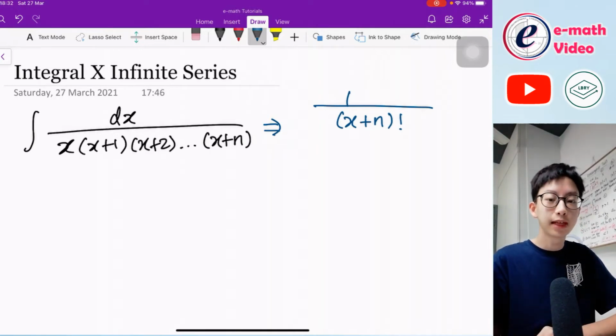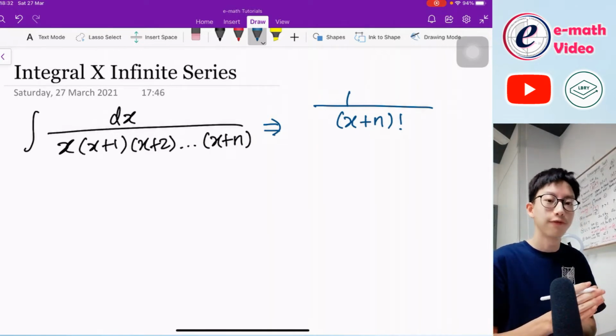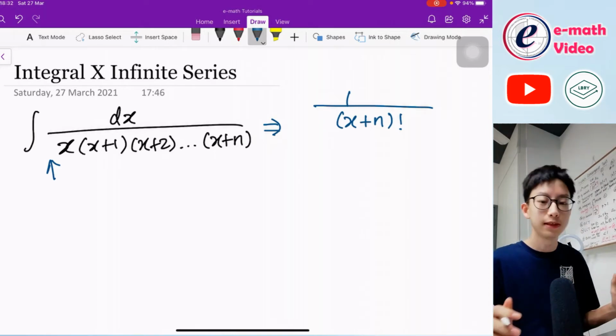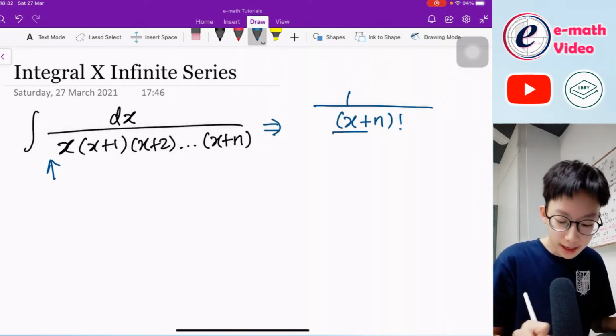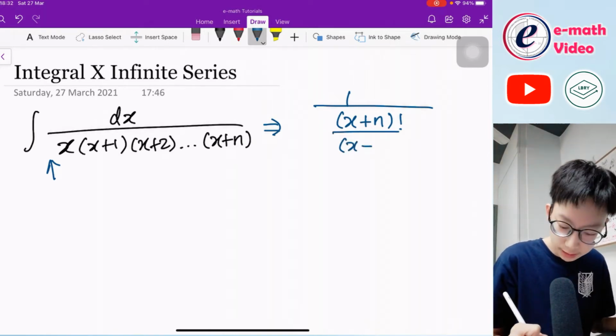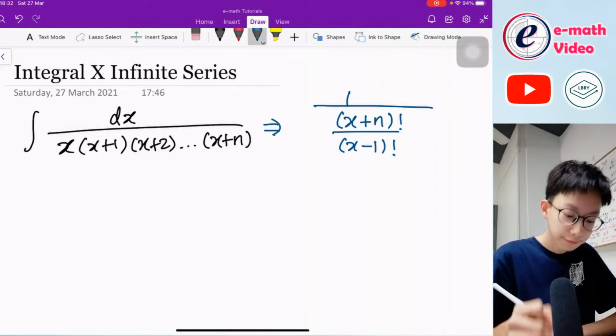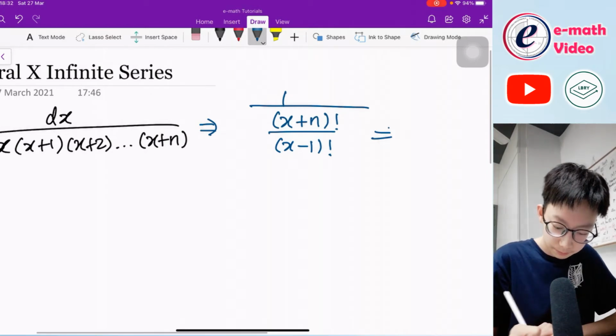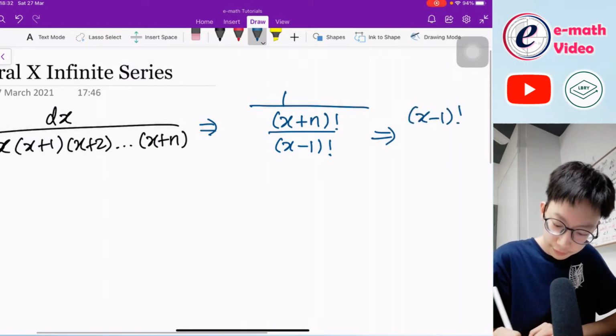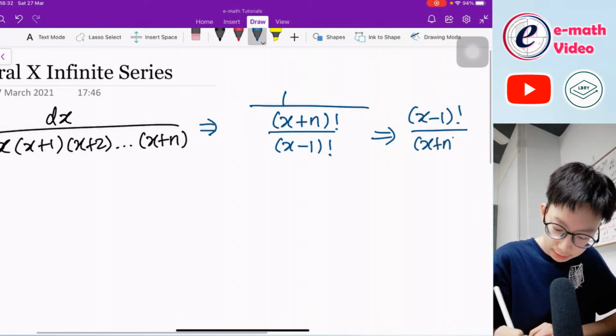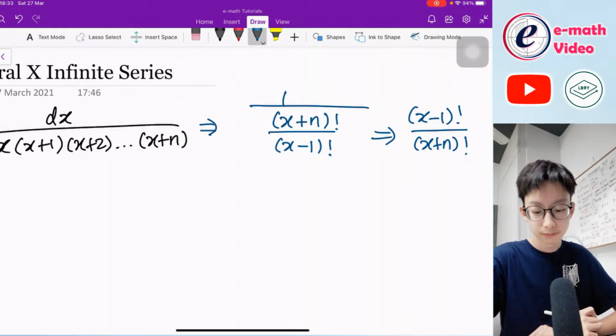Then because you need to get rid of all the terms before x, you divide by (x minus 1) factorial. And if you flip it, maybe it is (x minus 1) factorial over (x plus n) factorial, right?